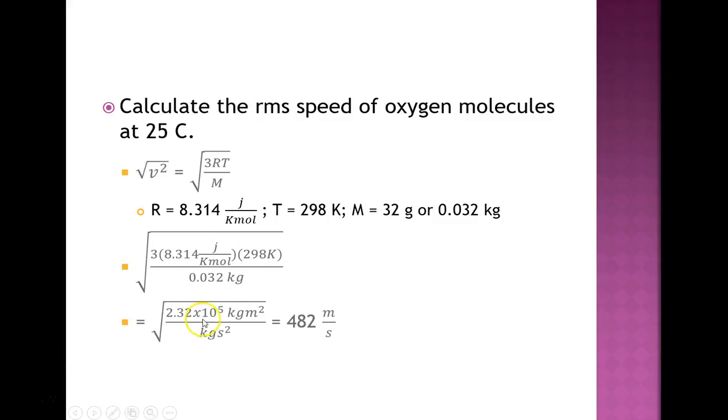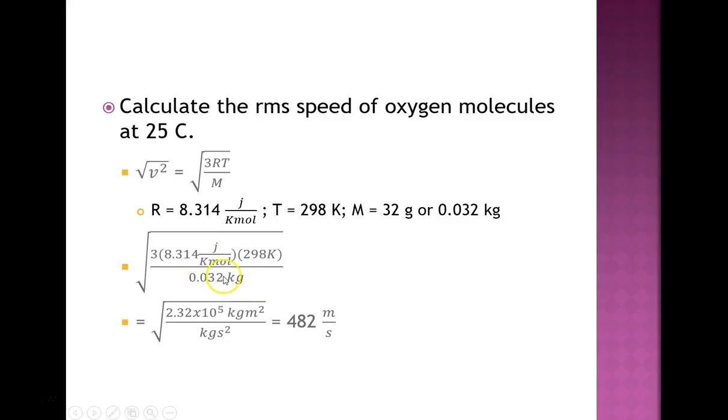Such that we have 2.32 times 10 to the 5th kilogram meter squared over kilogram second squared. I know somebody who's smart alecky back here in the back is going, what about mole right here?